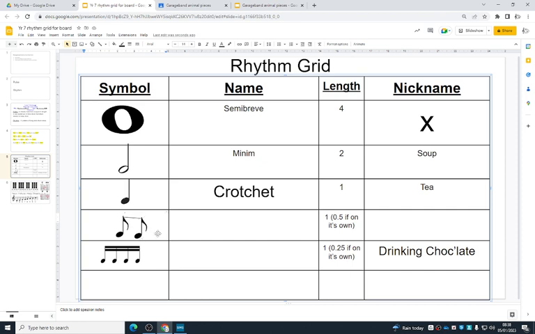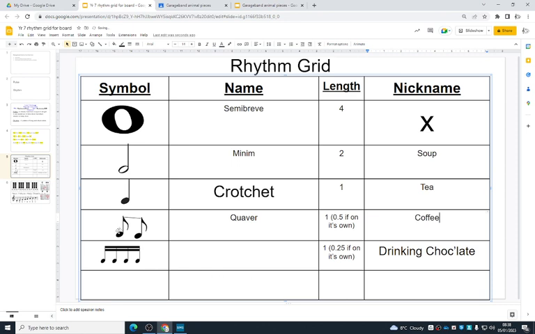I do that because on its own it's only worth a half, and it's really lonely on its own with a half. So if I join two halves together and add them up, a half plus a half is one whole, and that makes it easier for us to do. That is a quaver, and the nickname is coffee.